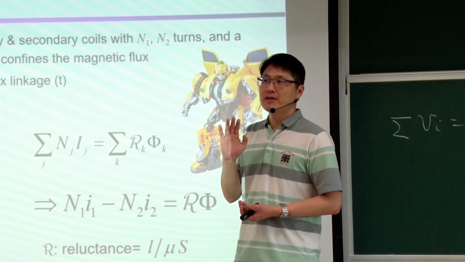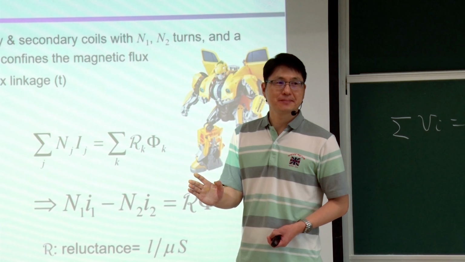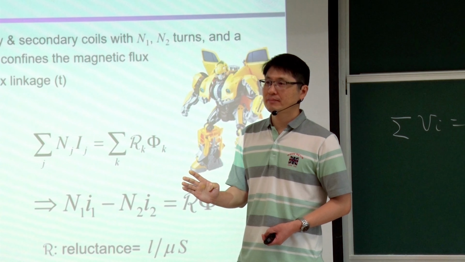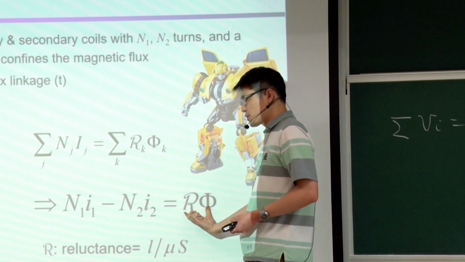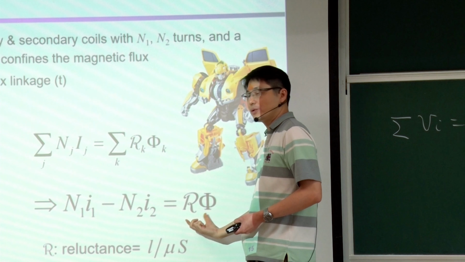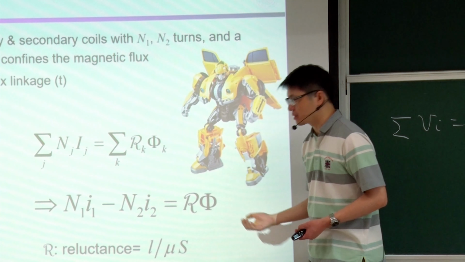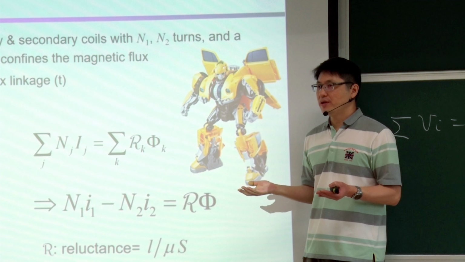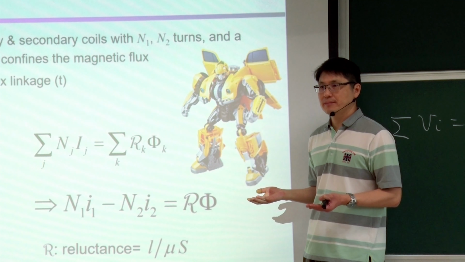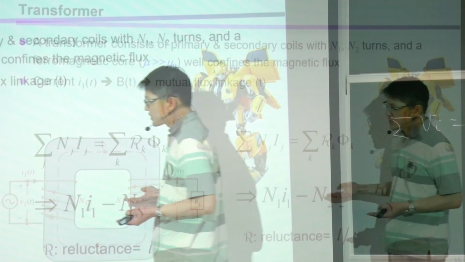What is the assumption? How can you say there is only one reluctance? Or when you view this equation, you should be very clear what is assumed.